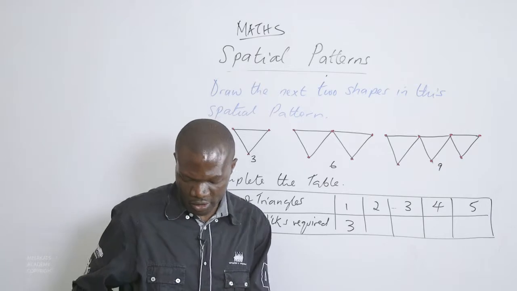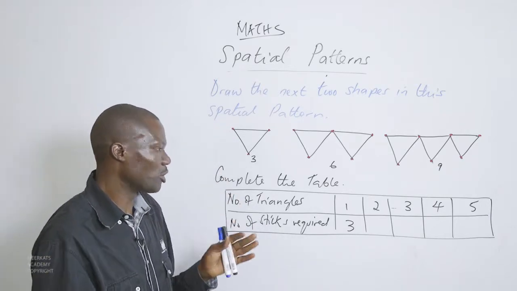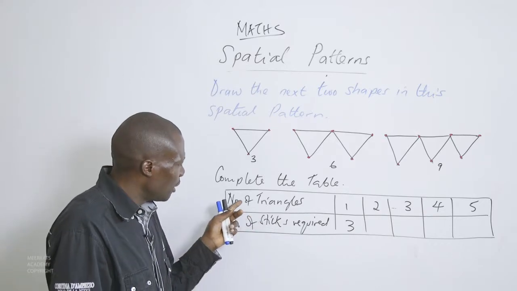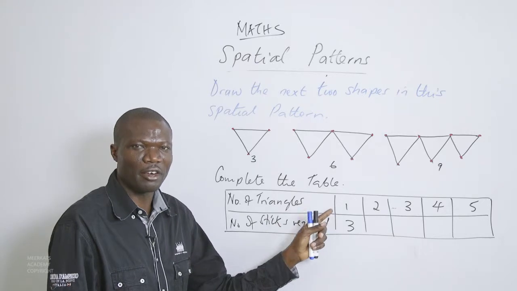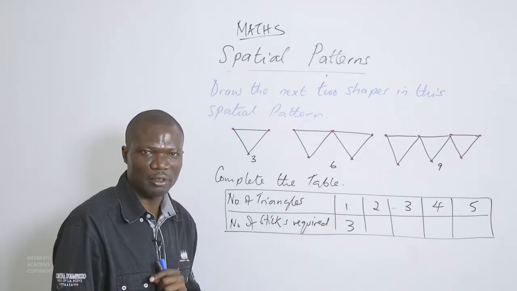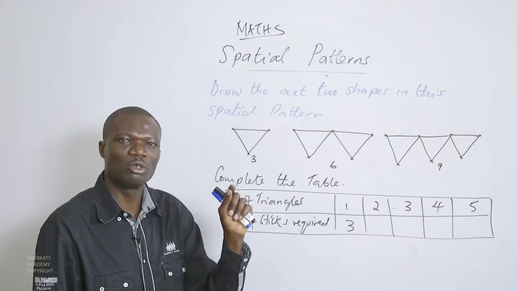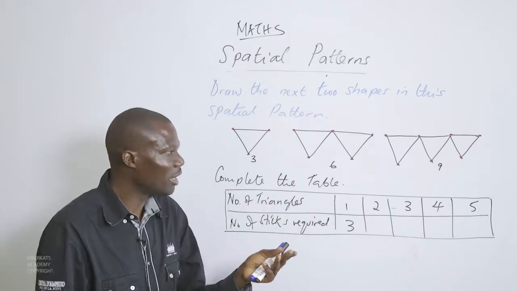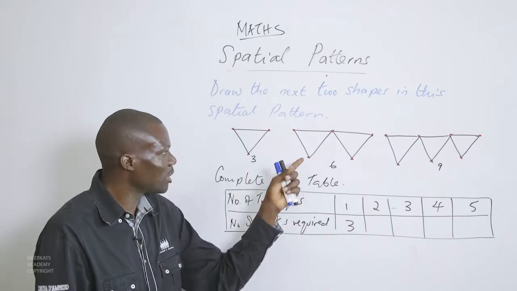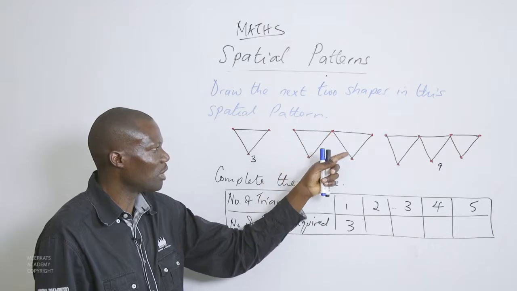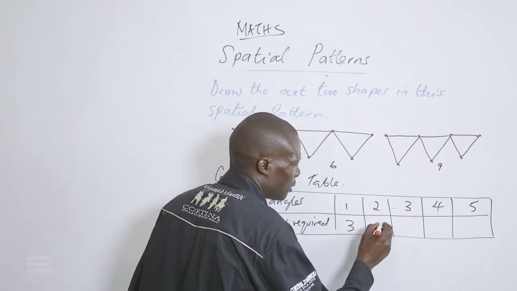To complete this table, we need to know how to approach it, and they have given us an example. If we have one triangle, it requires how many sticks? It requires 3 sticks. So how many sticks would 2 triangles require? We had already seen the number pattern. You can still fill it, but let us count this one. 1, 2, 3, 4, 5, 6. So 2 triangles requires 6.